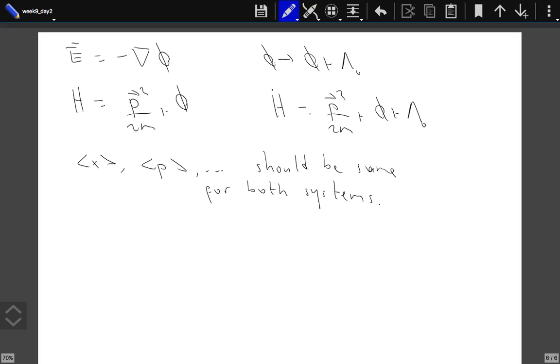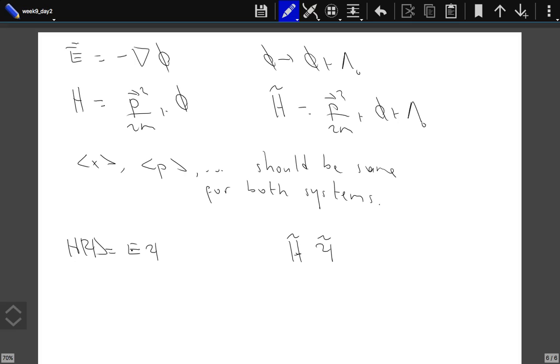Now let me just use the tilde notation for the shifted quantities. So let's say I have one solution of the initial Hamiltonian. Well, I should have a corresponding solution.